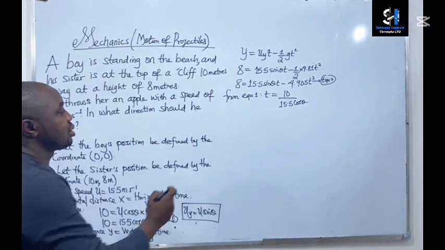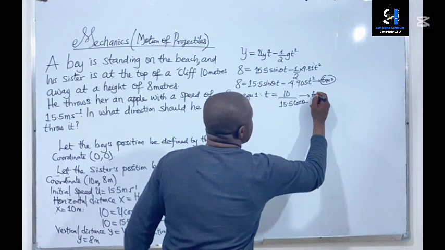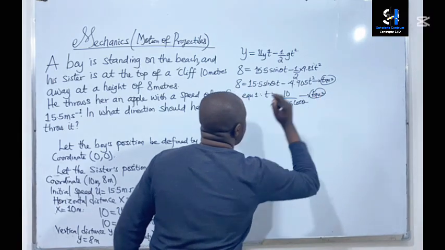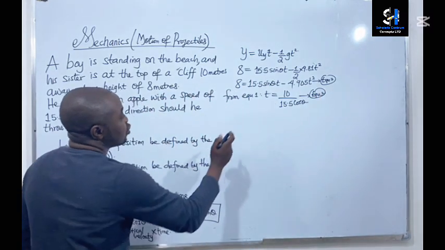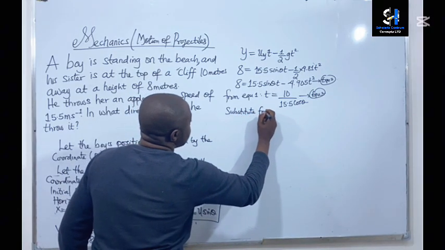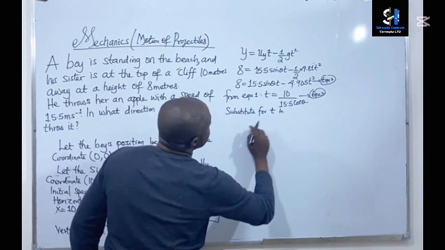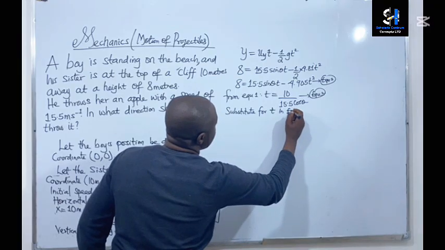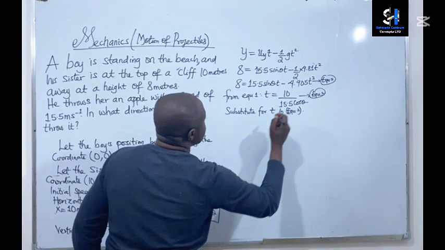Okay, it's getting clearer. So this becomes equation 3. Then let's substitute for t in equation 2.